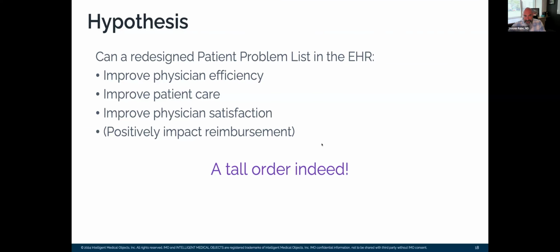We did not test for positive impact on reimbursement for this study, but we felt even just trying to prove that this was a benefit would be an interesting task. It was a tall order because, as we know, medicine is not practiced in a lab.